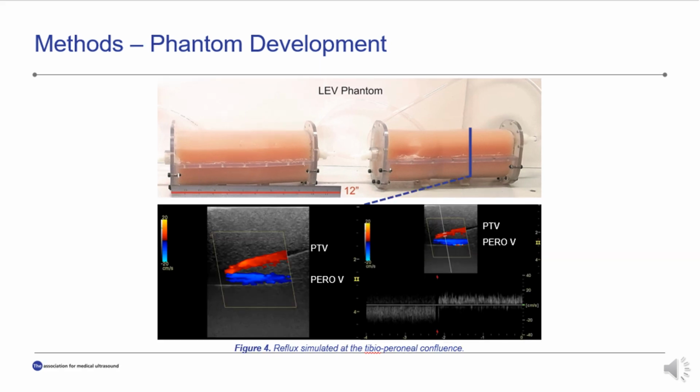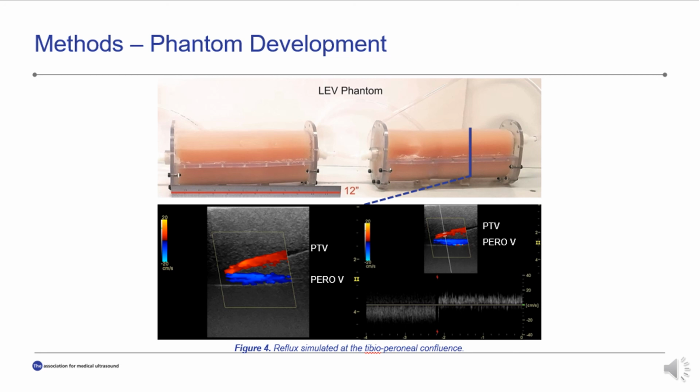And then this is showing our posterior tibial vein, and this is the confluence before there would be division into the paired veins. And we actually were able to model reflux in the posterior tibial vein, shown in the ultrasound image on the left with the red flow.